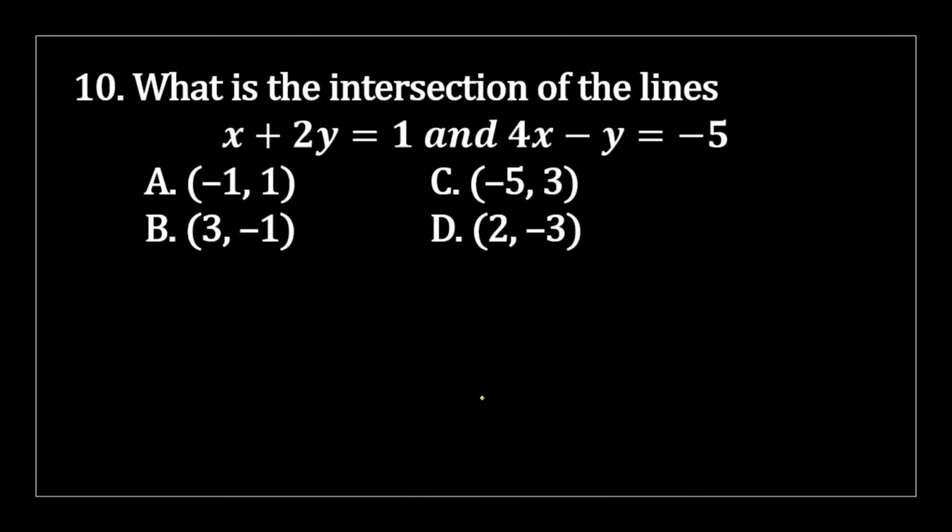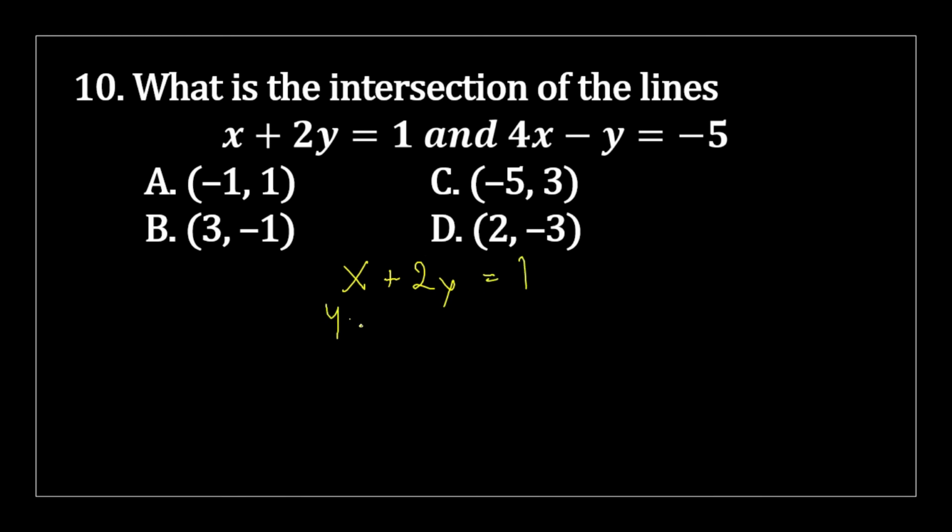Number 10. What is the intersection of the lines x plus 2y equals 1 and 4x minus y equals negative 5? To understand this, these are two different lines that have different slopes, but they will intersect in one point. Meaning there is one point that is a solution for both of them. To answer that, let's write first the equations. x plus 2y equals 1.